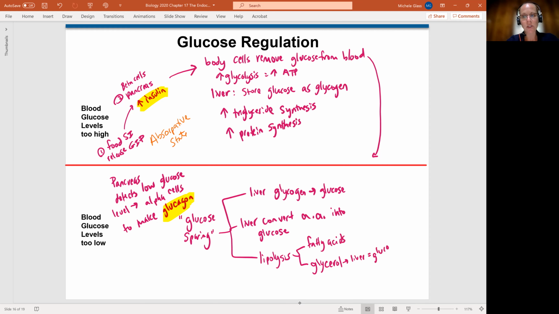So the liver has this ability to produce glucose.